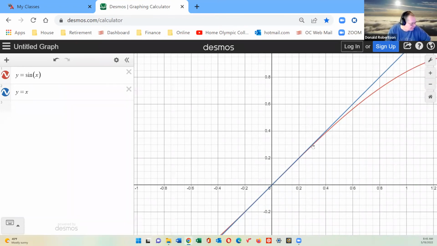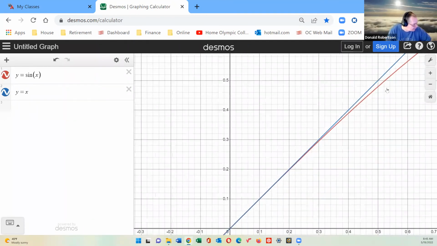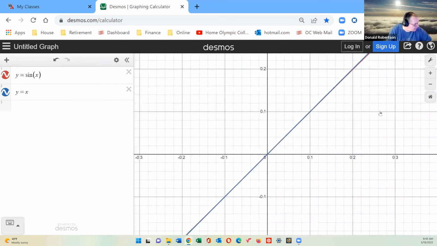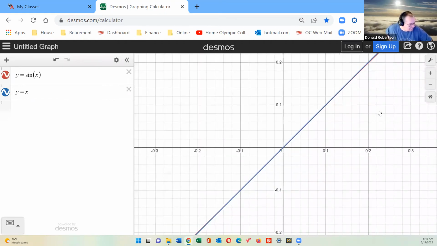And would you agree by the time you got to 0.3, nobody can tell the difference? Right, and if I zoom right in there, would you agree you can't tell where the red guy is and where the blue guy is? Isn't that because their values are identical, at least to 4 or 5 decimal places? Pretty impressive.